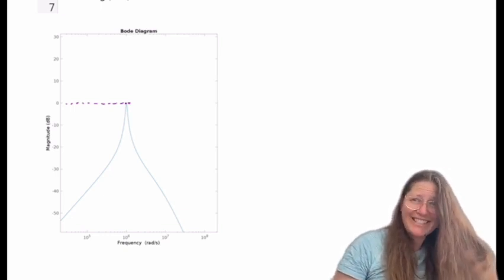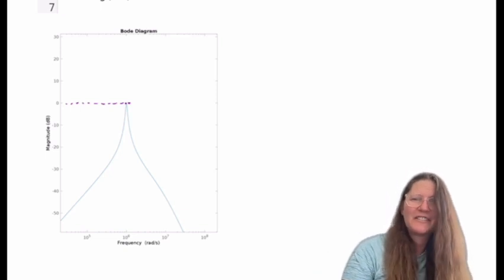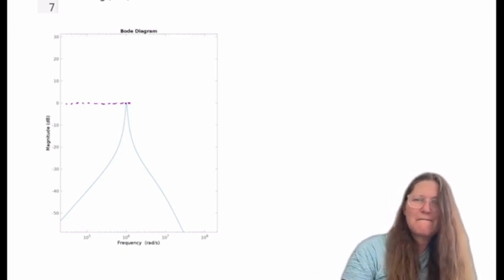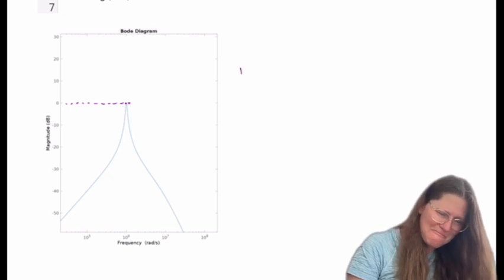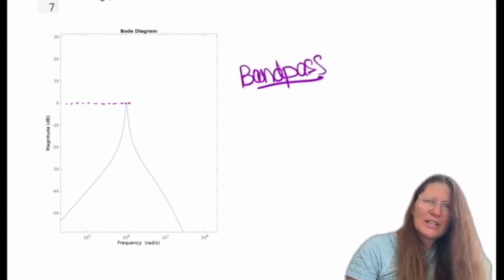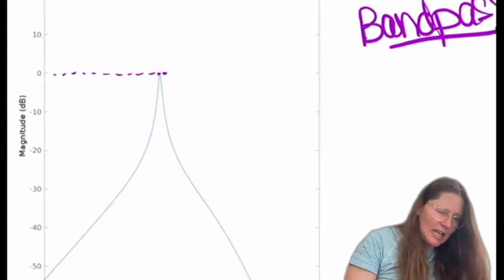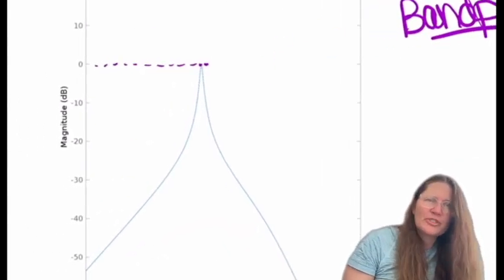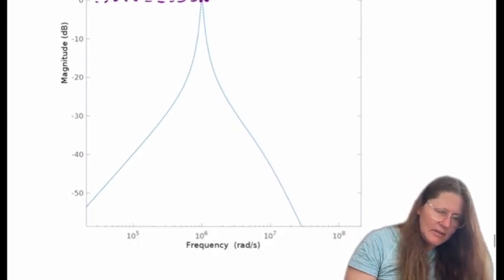Anyone? Nobody's responding, so band pass. And that is because it's below 0 dB again on both sides of that peak.